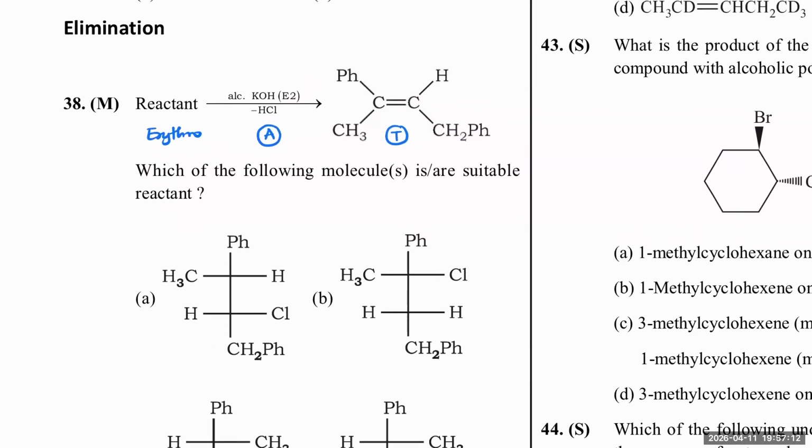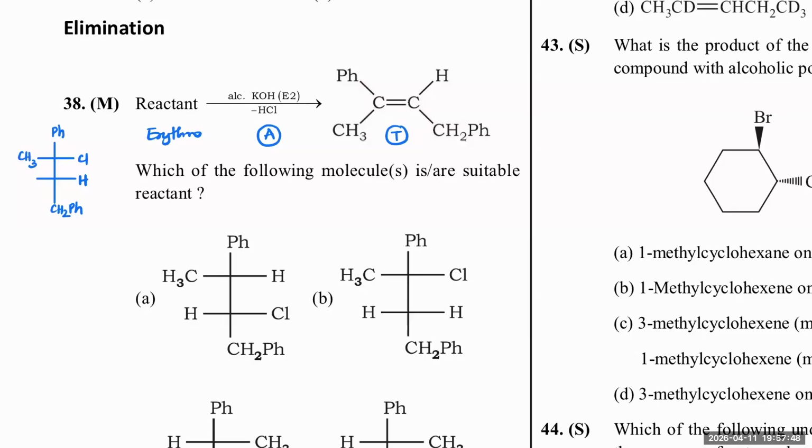Okay. So you notice that if it is from an erythro, that means the leaving group, that is chlorine and hydrogen, should be on the same side. Okay. And you can see, if let's say that is the case, then because it has to be like an anti-position, this phenyl here and CH2Ph here, correct? And CH3 here, right?